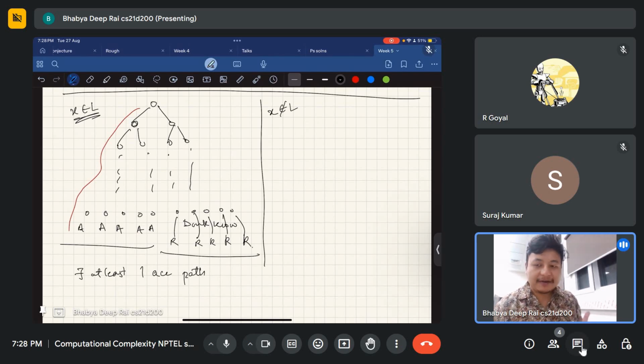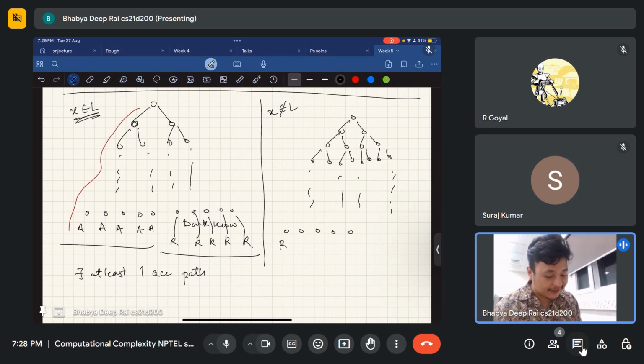What if X is not in the language? Again, it makes coin tosses on the way, and it is a zero error machine. So if X is not in the language, it will always reject correctly on all coin tosses, and the rest it'll say don't know. But what is our algorithm saying?